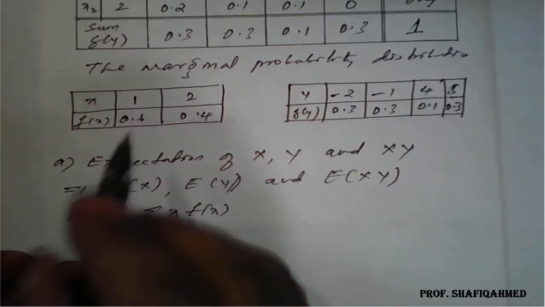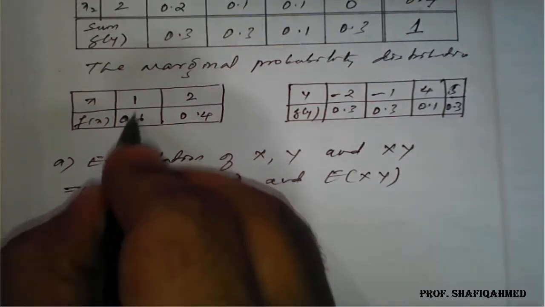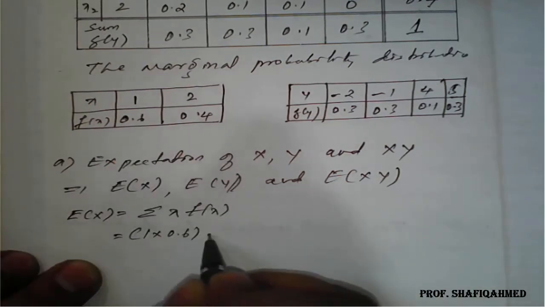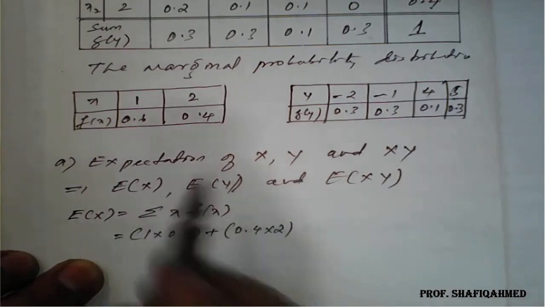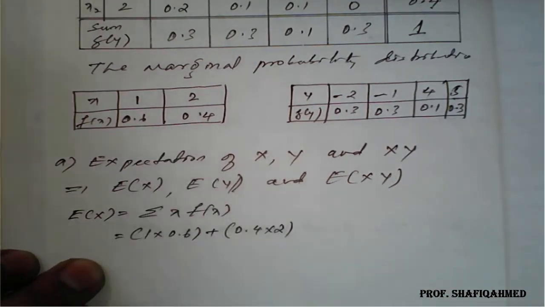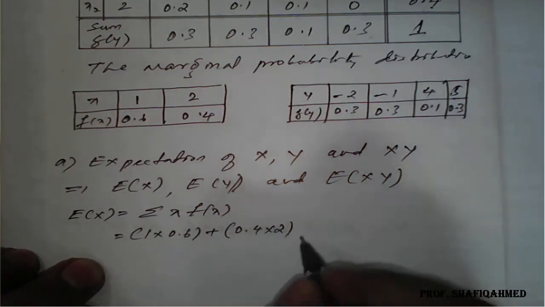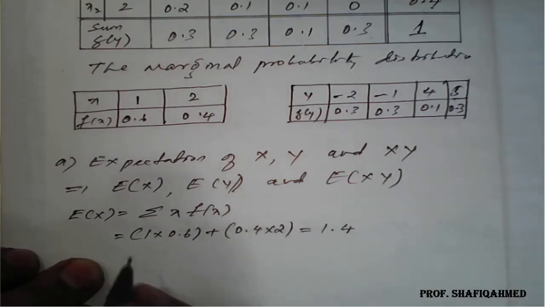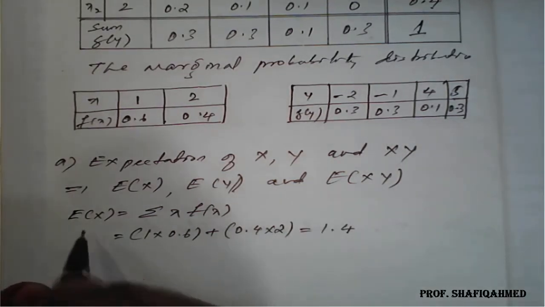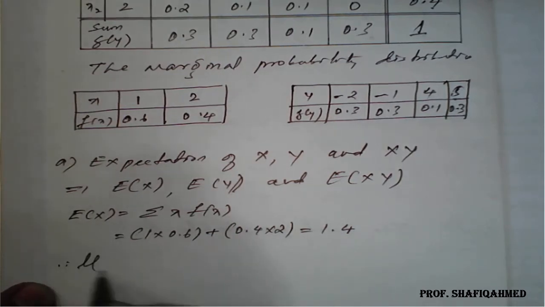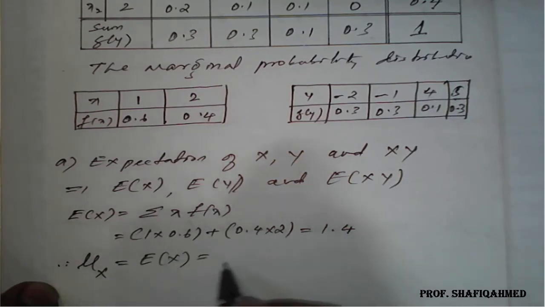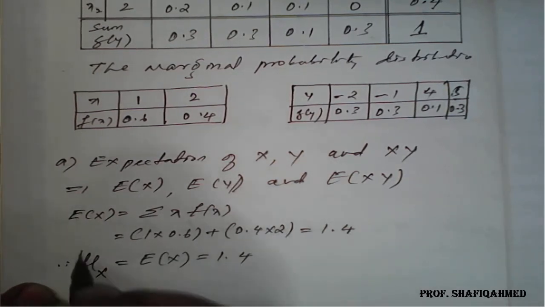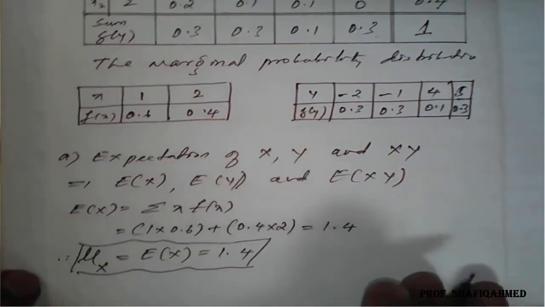So here, 1 into 0.6 plus 2 into 0.4. If you simplify, you will get 1.4. The expectation of x is 1.4, which is the value of mu x also. So mu x is equal to the expectation of x, which is equal to 1.4. So we got one result.